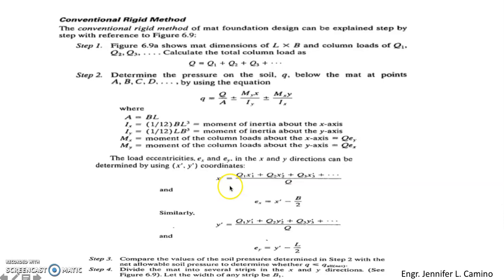So for the x prime coordinate, we have to identify how to compute it. You review your statics of rigid bodies and strength of materials.